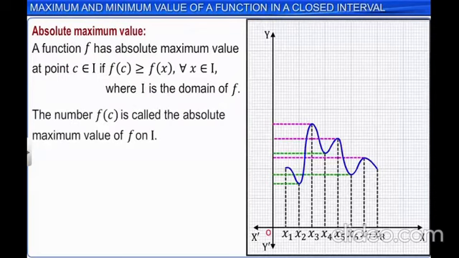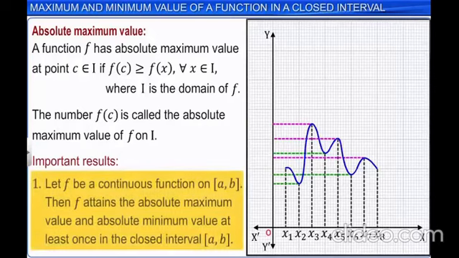Let us now learn some important results that will help us find the absolute minimum and absolute maximum values of a given function. Let f be a continuous function defined on a closed interval. Then, f attains the absolute maximum value and the absolute minimum value at least once in that interval. Let f be a differentiable function on a closed interval.